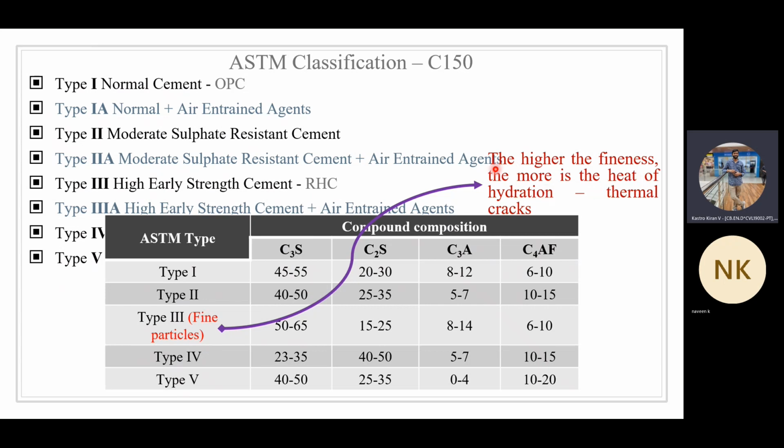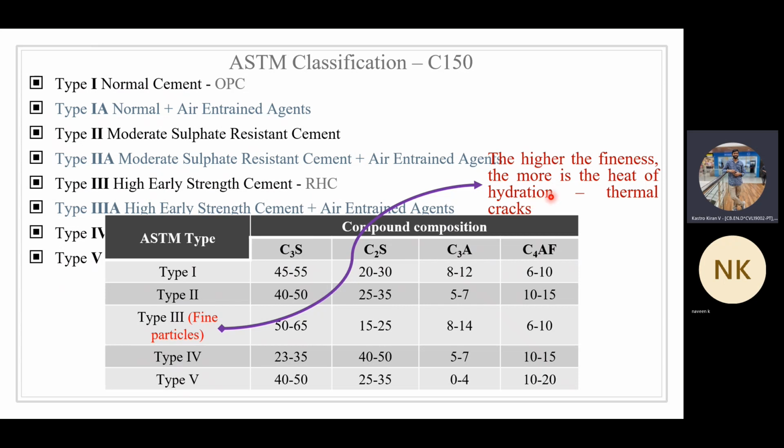You can see here, the higher the fineness, the more the heat of hydration. Again, hydration we need to discuss, but just for understanding, I'm telling. So whenever you have fine particles in the cement, it leads to more hydration, and along with that, higher strength at the initial days itself.